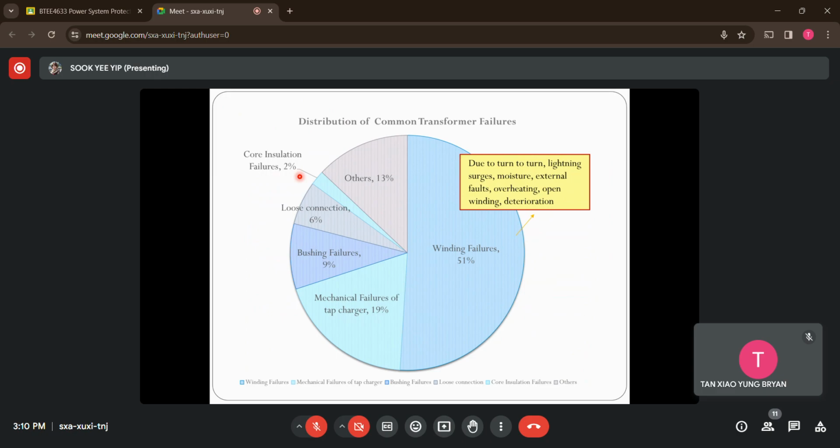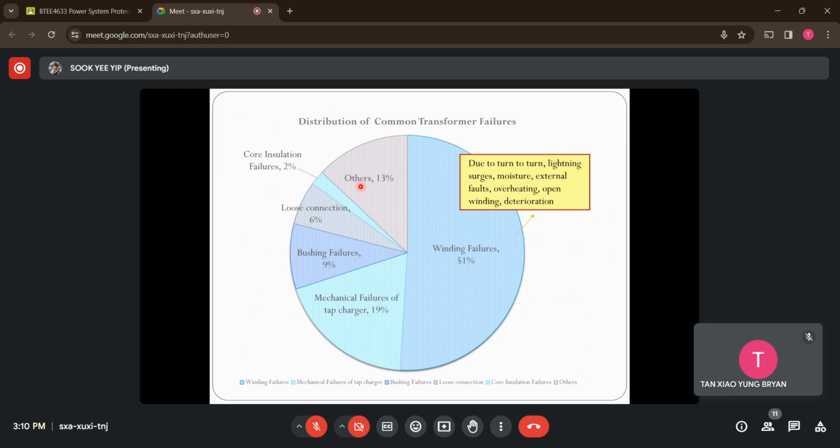The remaining 13% belongs to other kinds of problems, like oil leakage, contamination of the transformer oil, etc. So this is basically the distribution of the transformer failures we could have.